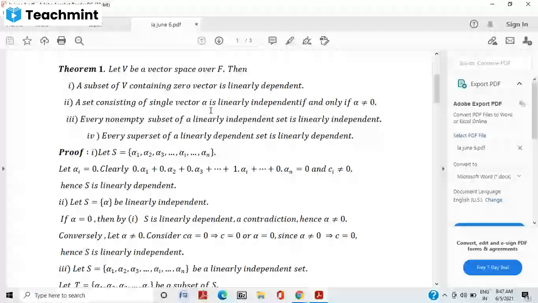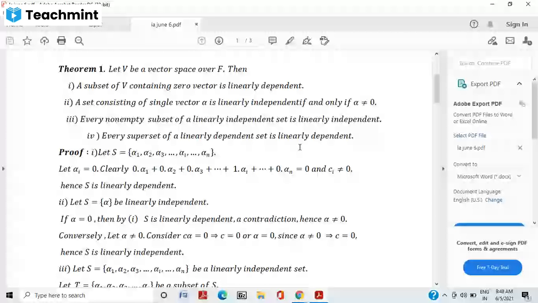It will be linearly independent if and only if alpha is not equal to 0. We will use these theorem statements in some problems also, so you should remember all of them. Then next one: every non-empty subset of a linearly independent set is linearly independent. The fourth one is that a superset of a linearly dependent set is linearly dependent.